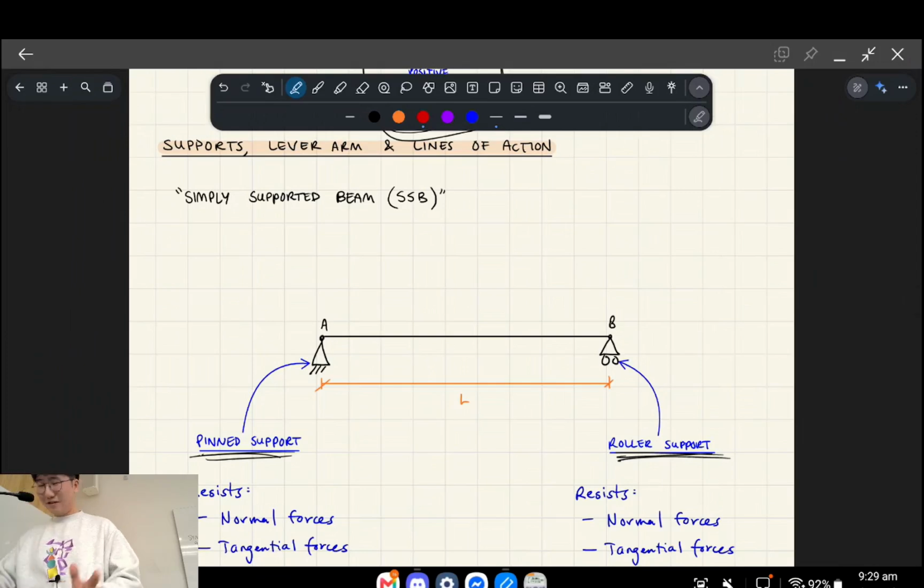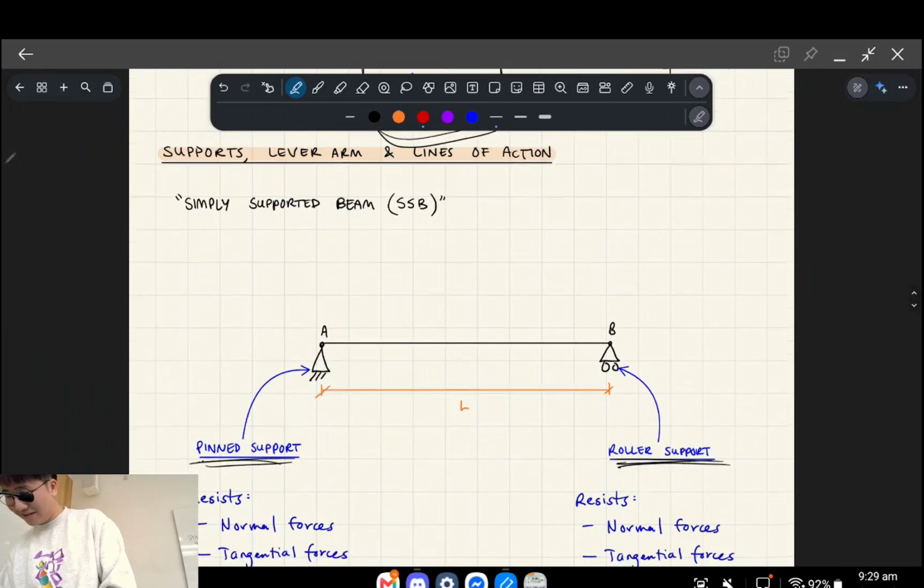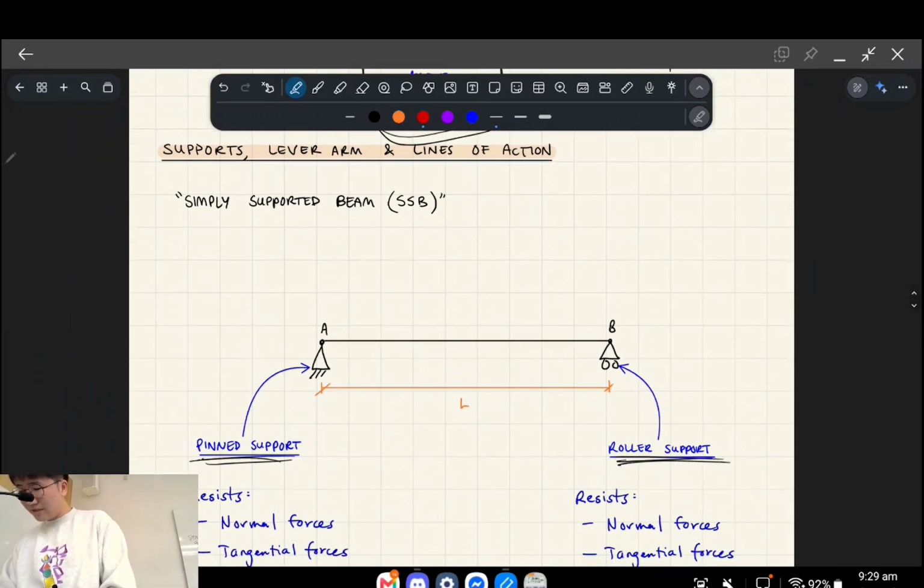Okay, so that was a lot I just said. Let me break that down as best as I can. So you've got this one-dimensional beam with length L, and on the left, that pin support produces two reactions. Let's call them AY and AX. So this is essentially what the support is resisting.